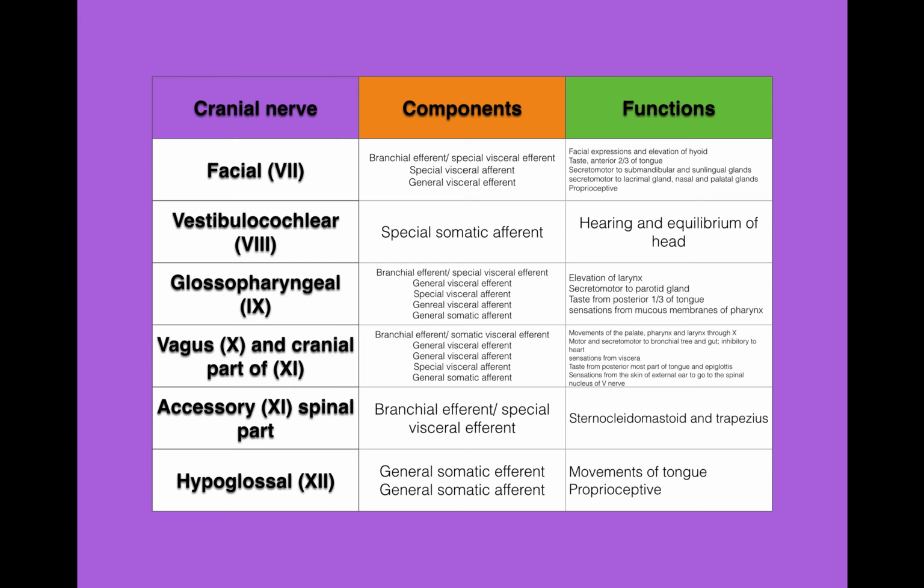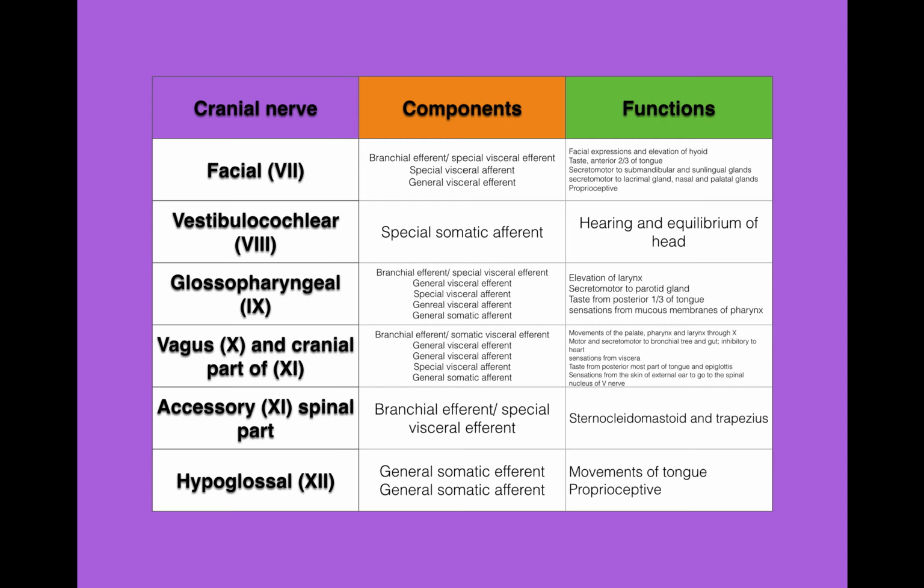And then we have the glossopharyngeal nerve, which has the branchial efferent, the general visceral efferent, the special visceral afferent, general visceral afferent and general somatic afferent components. And the functions are elevation of the larynx, and the secretomotor fibers to the parotid gland, taste of the posterior one-third of the tongue, and then sensations from mucous membranes of pharynx.